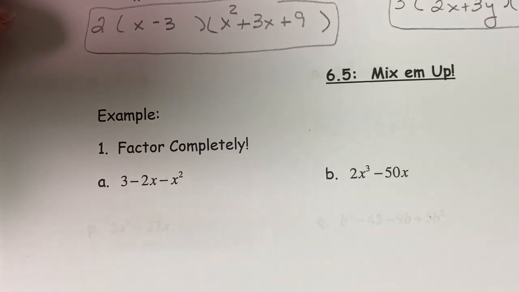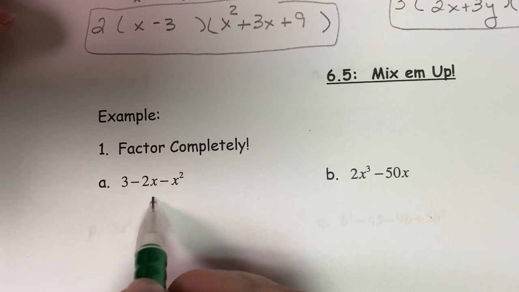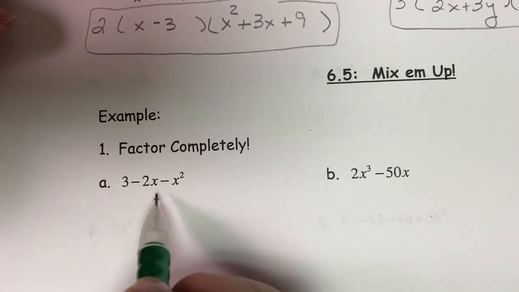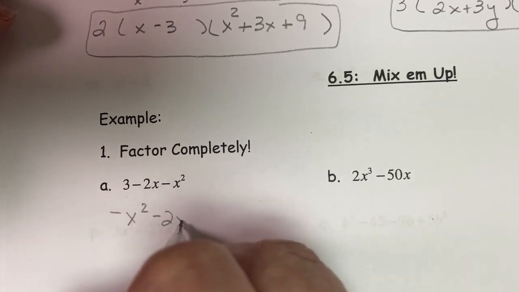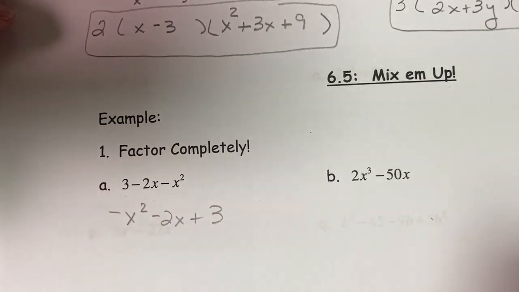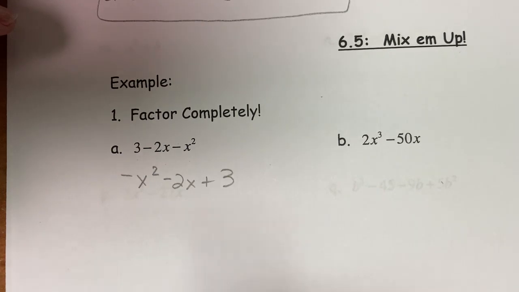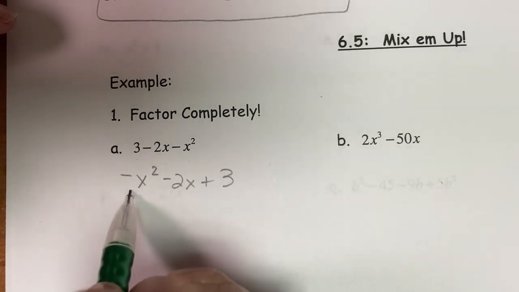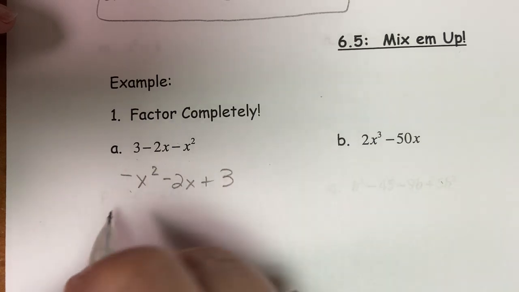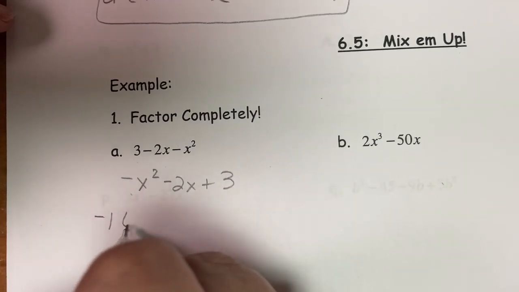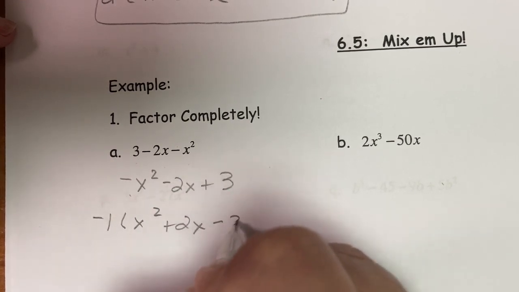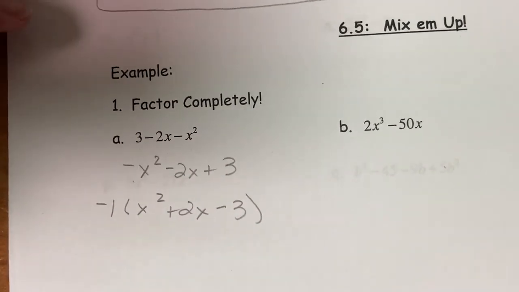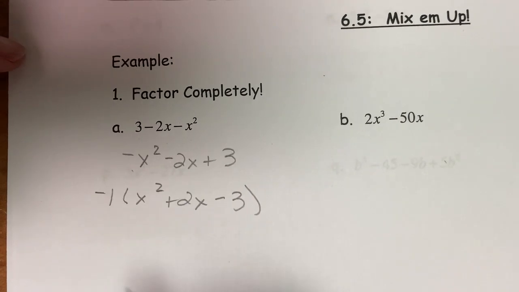It's totally up to you, but I would like to rearrange the terms and put the negative x squared first, minus 2x plus 3. Remember how I don't like the negative 1 in front? So even though there isn't technically a GCF, I'm going to factor out a negative 1, which gives me x squared plus 2x minus 3. I just think that's going to be easier to factor.